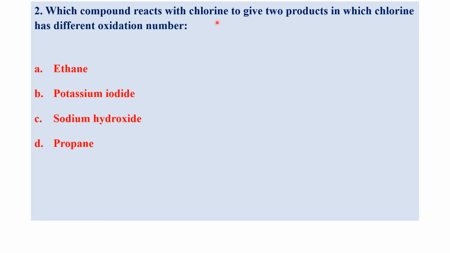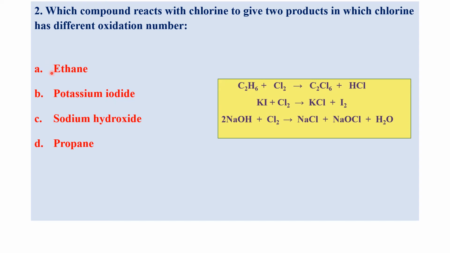Which compound reacts with chlorine to produce two products in which chlorine has different oxidation numbers? Ethane, potassium iodide, sodium hydroxide, propane. So we will look at their reactions. In case of ethane and propane, both are alkanes. So in the reaction of ethane, chlorine is added to this molecule by free radical substitution reaction, and chloroalkane is formed in a stepwise manner.